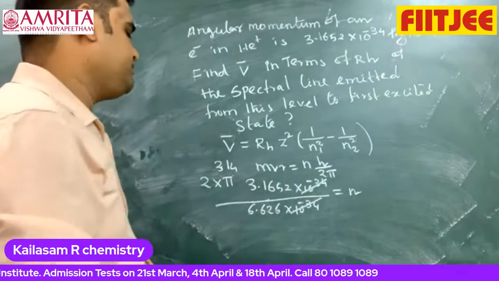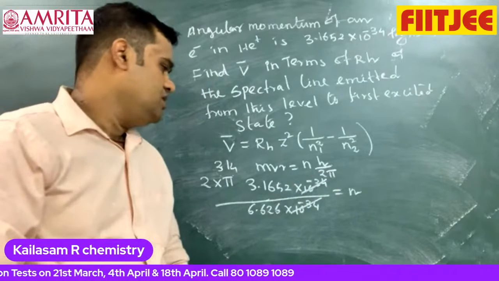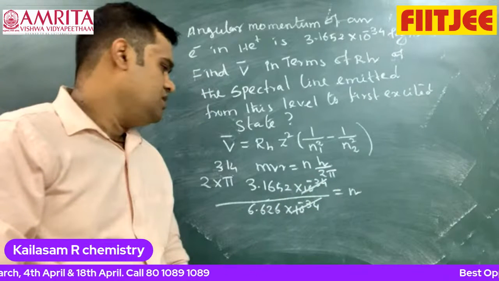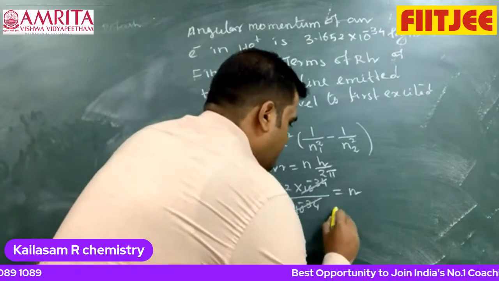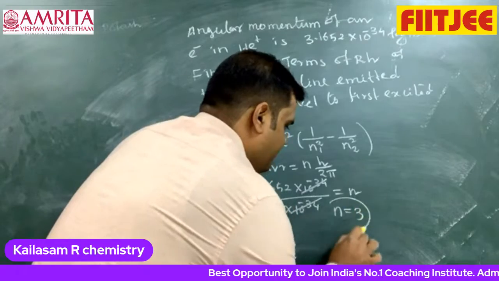The powers cancel out. Now if I simplify that, approximately 6.626, 39 and 18, so the n value is going to come approximately 3.